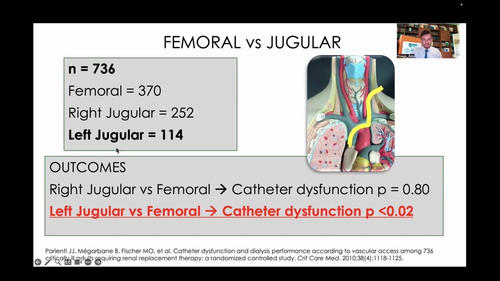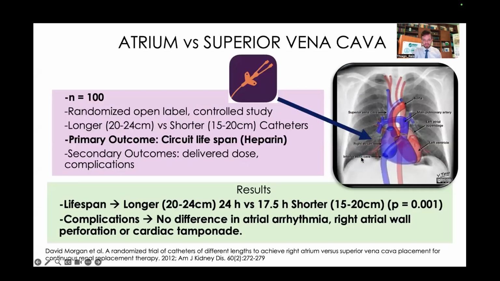For catheters placed in the right jugular vein or in the femoral veins, their dysfunction was equal. However, catheters placed in the left jugular vein have more dysfunction. Probably it's due to this tortuous path from the insertion site through to the right atrium.